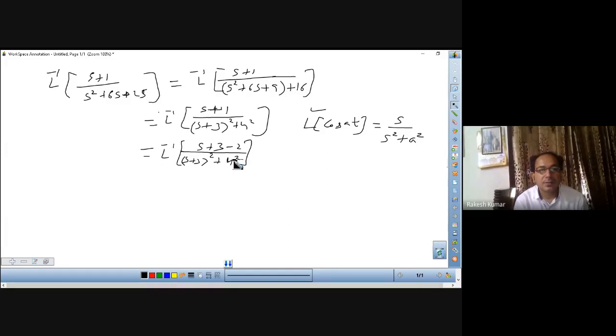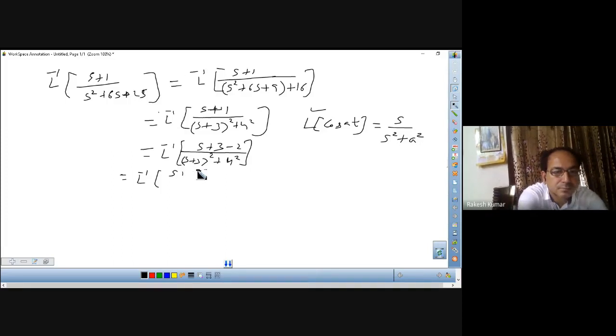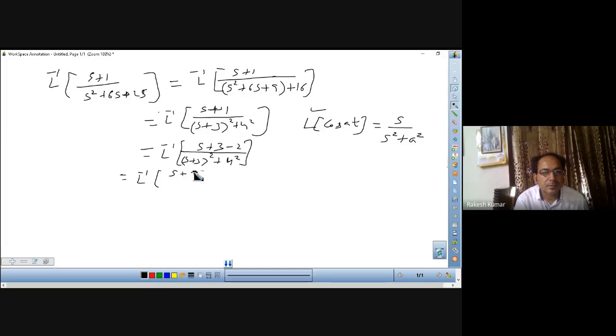Now you just see, you can separate these two functions. Laplace inverse of s plus 3 over the denominator s plus 3 square plus 4 square. We have made the numerator s plus 3, because in the denominator also there is the same term.